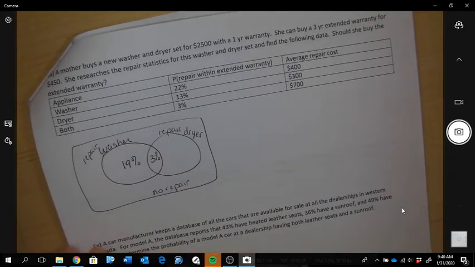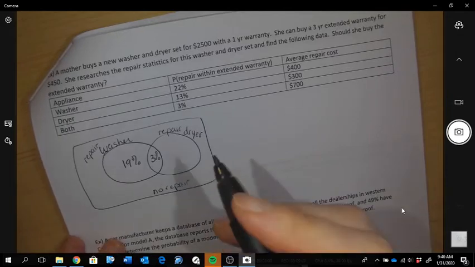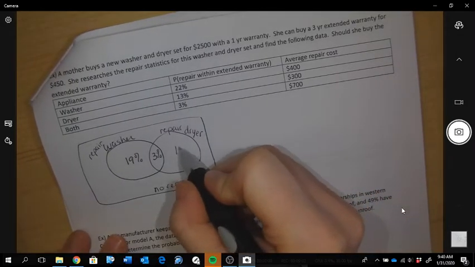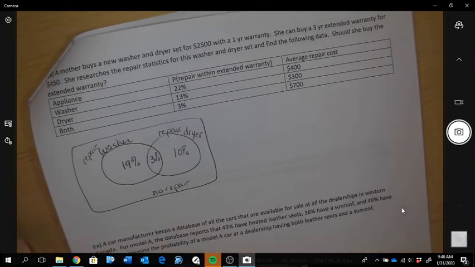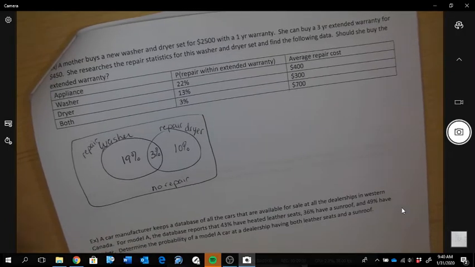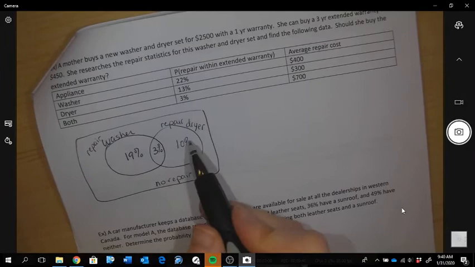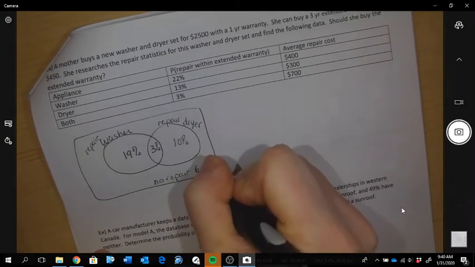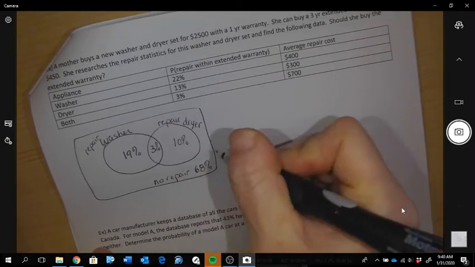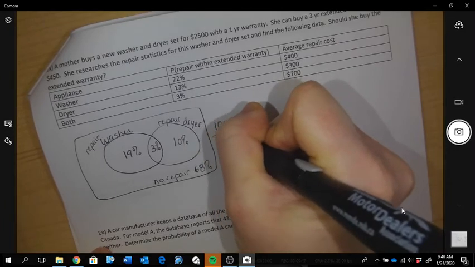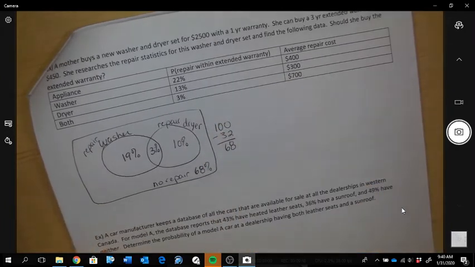You can see the washer bubble adds up to 22. And 13% would leave us with 10% here. This all adds up to 32%, so 68% did not repair.